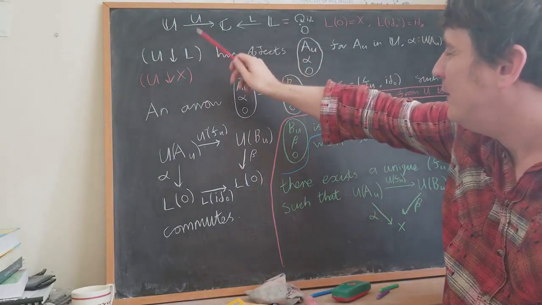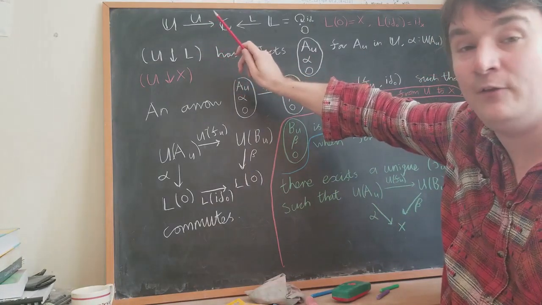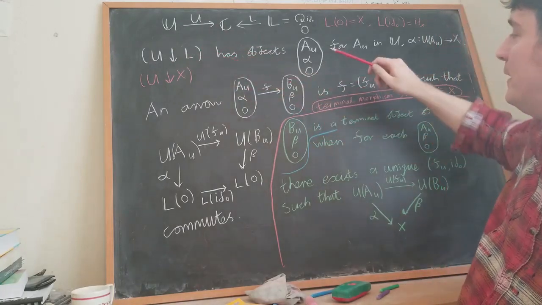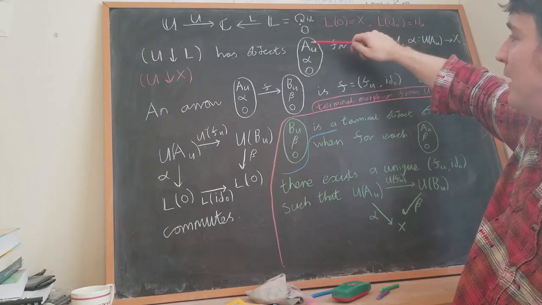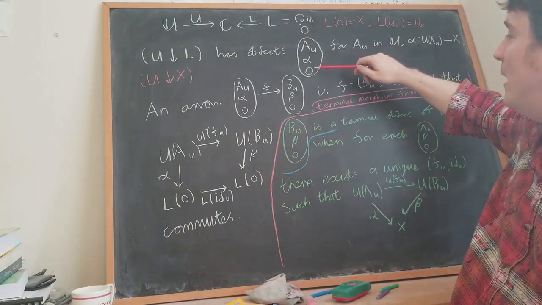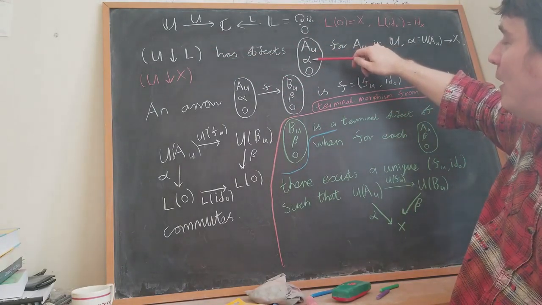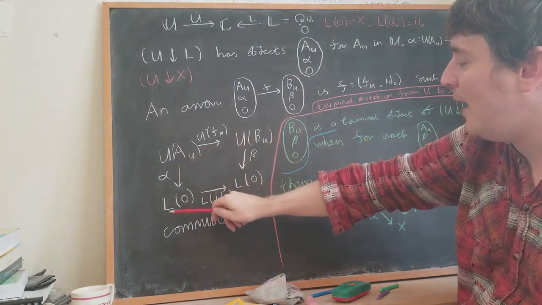So anyway, let's ask ourselves simply, what are the objects and arrows of this comma category, U downwards arrow L? Well, the objects are going to be triples. It's going to be an object A of U, and the only object 0 of L, and an arrow alpha, which is going to go from U of A to L of 0.